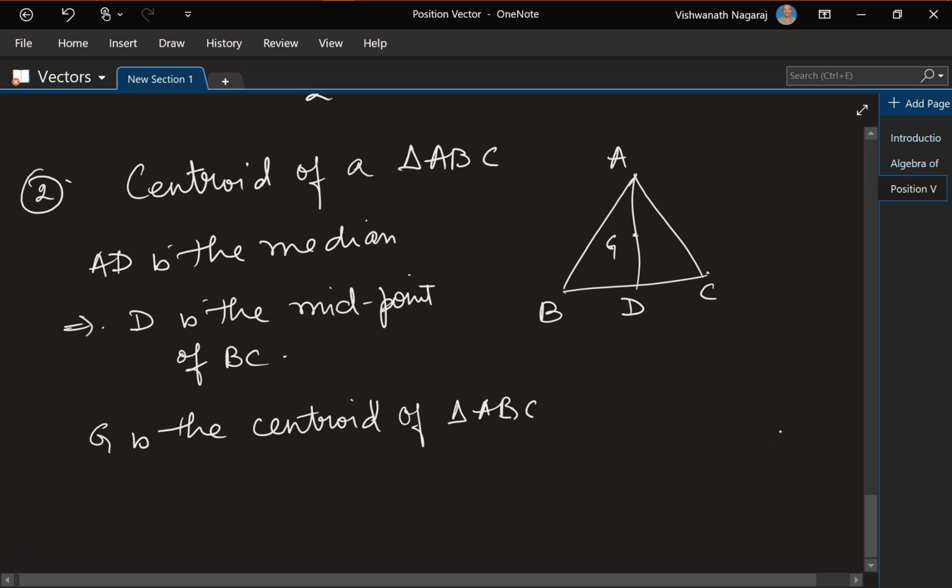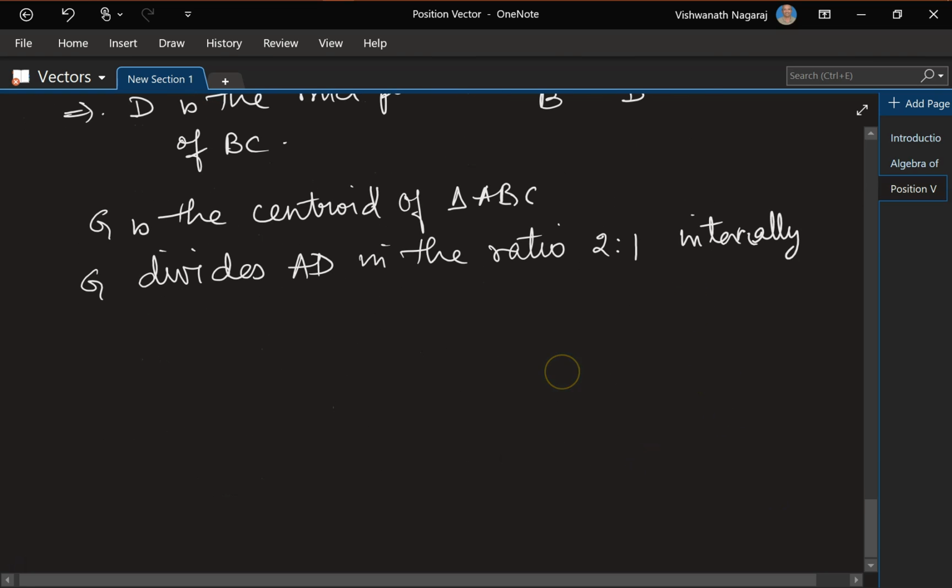If you draw the three medians from A, from B, from C, then the point at which they intersect each other is the centroid. And G divides AD in the ratio 2:1 internally. Okay, so these are the properties of the centroid that you should be aware of.